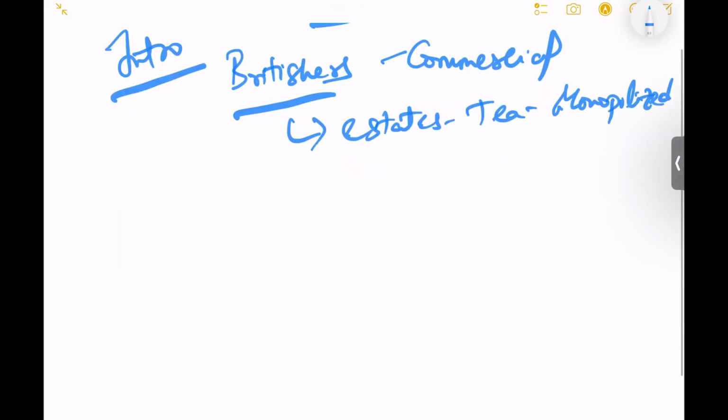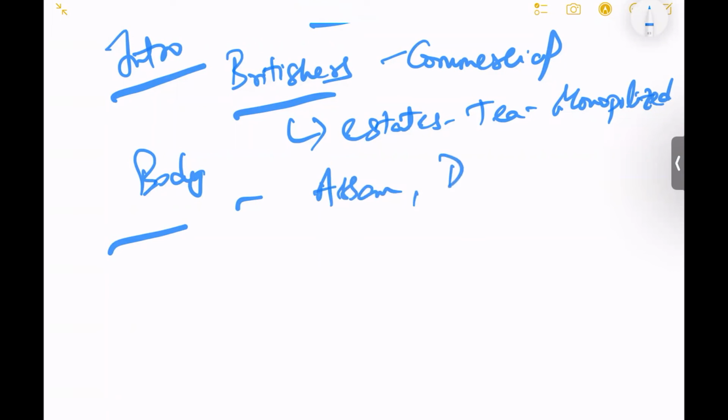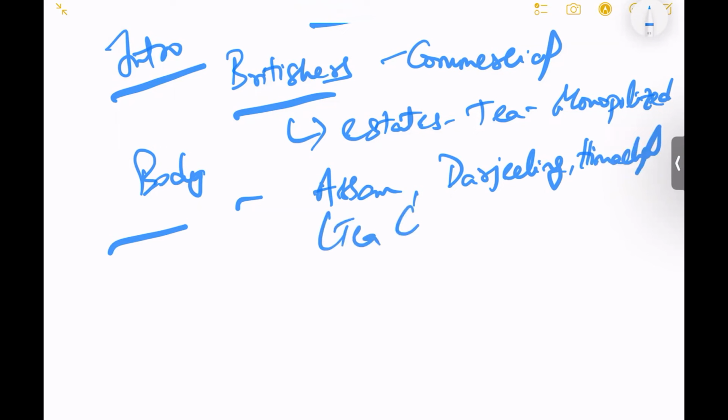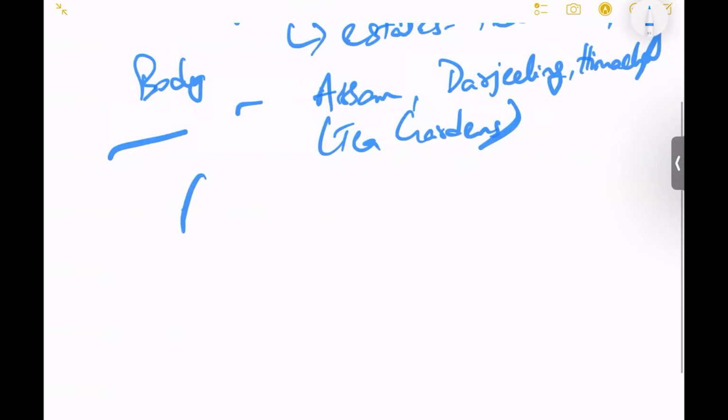Okay, and in the body you will write many areas like Assam, Darjeeling, and in places of Himachal, the tea gardens concept became very popular. So what are the favorable conditions for tea?